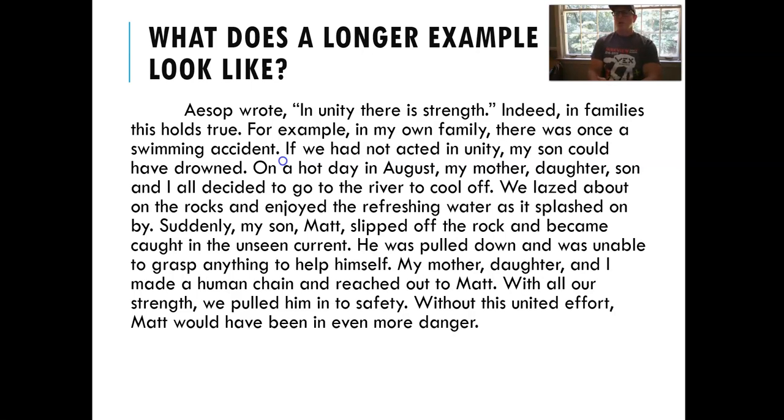And let's say your whole paper is about how in unity there is strength. And you can have a couple different paragraphs proving this point, okay? And so for one paragraph that you write, you might want to use the example of your family, okay? So you can begin with saying something like, Aesop wrote, in unity there is strength.